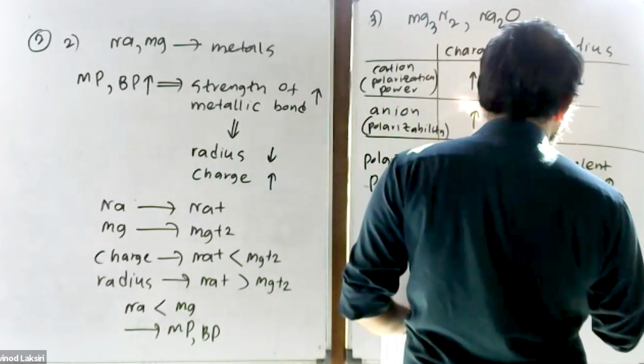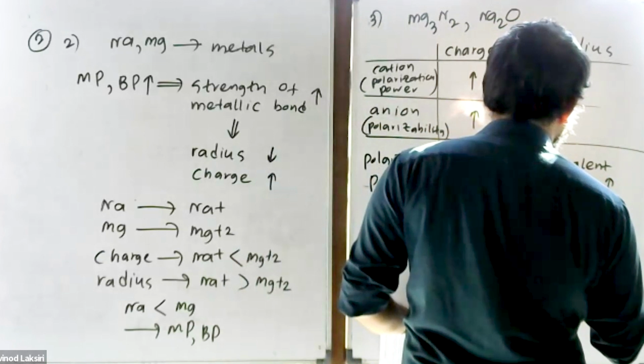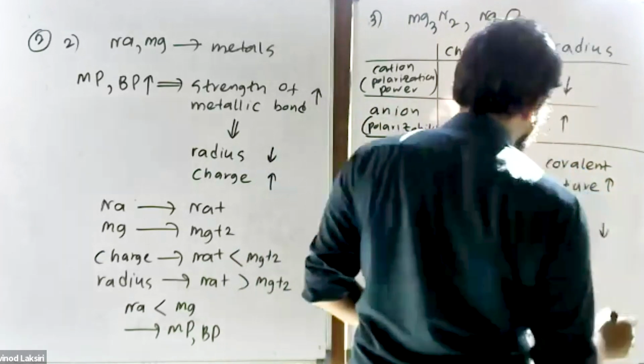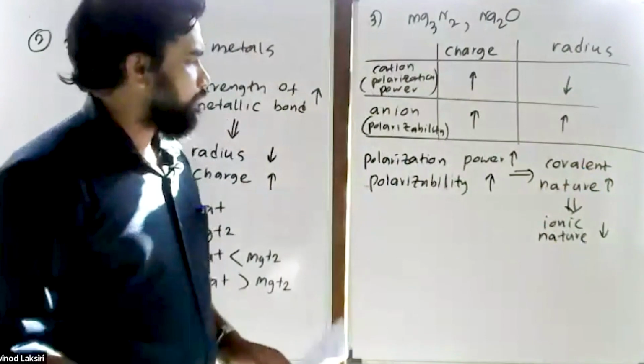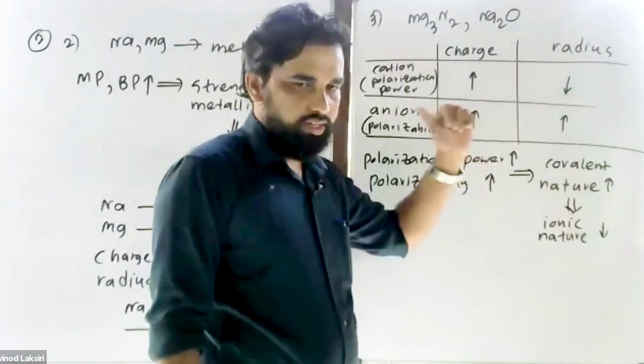With increasing covalent nature, what happens? Ionic nature decreases. Do you understand the relationship? With increasing these two, covalent nature increases. With increasing covalent nature, ionic nature decreases.